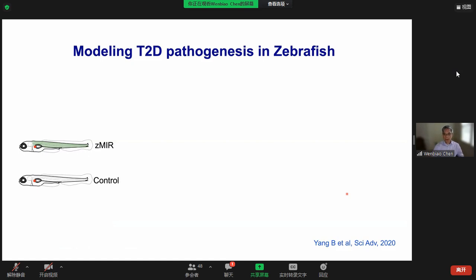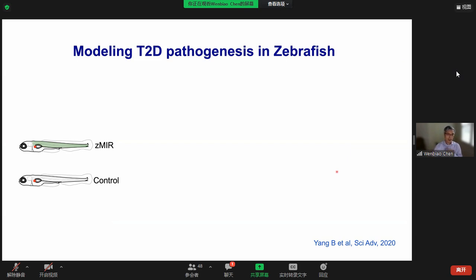So then she thought that maybe we can combine both approaches, but before she could finish the project, she was offered a very nice position at Washington State University. So she just took that position, and I had to wait a couple of years to get Bingyuan, which I'm going to talk about in a second.